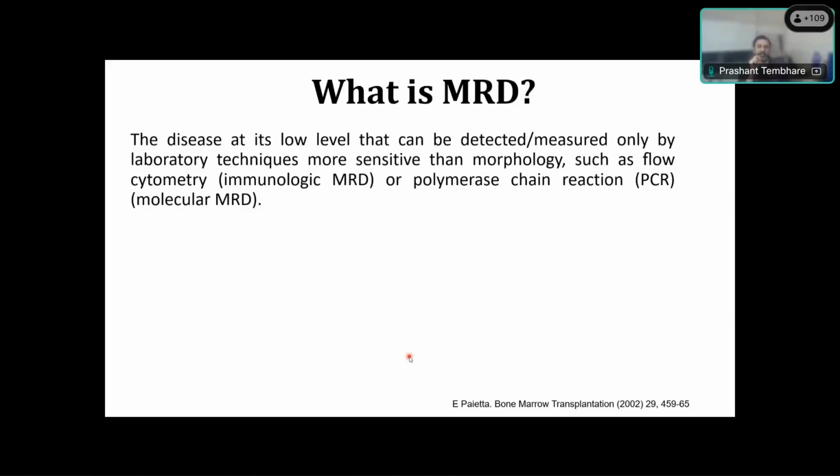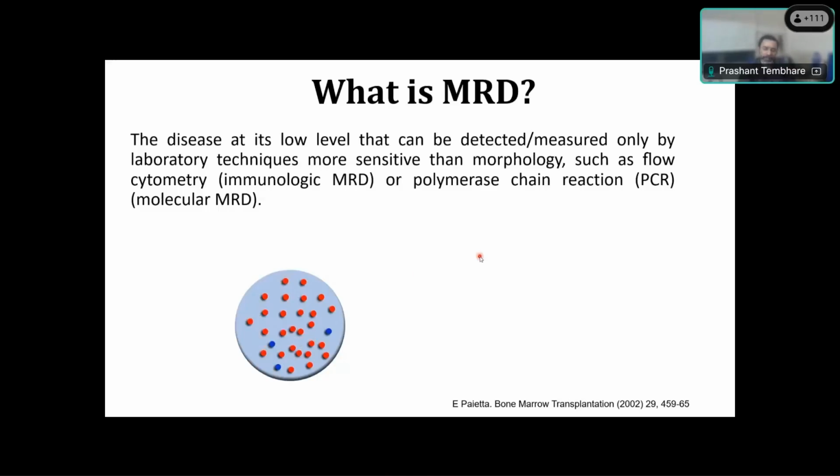Disease at a low level that can be detected or measured only by a laboratory technique more sensitive than morphology, such as flow cytometry or a molecular technique, is called minimal residual disease or measurable residual disease. Just to show an example, let's say these red dots indicate tumor cells and blue dots indicate normal cells.